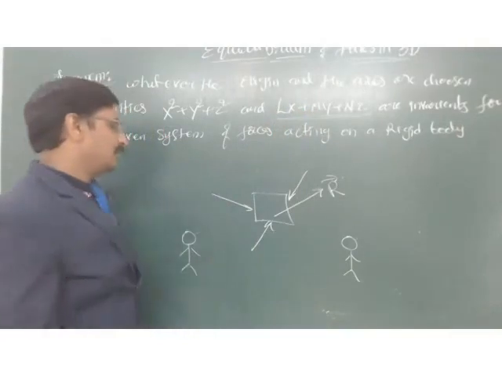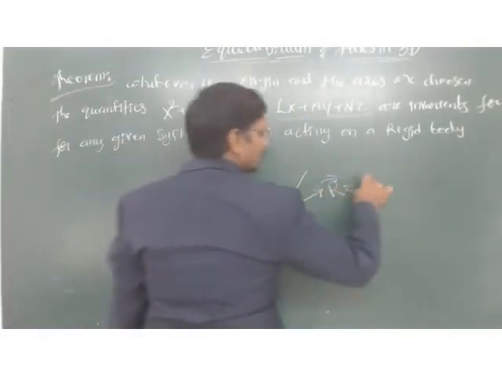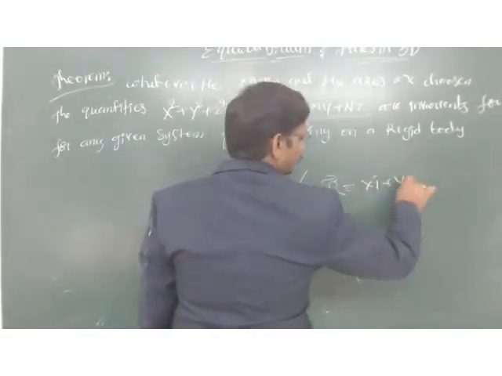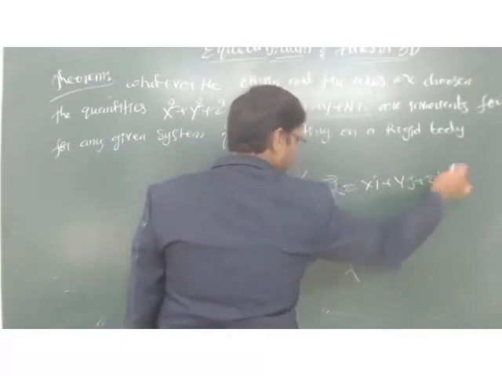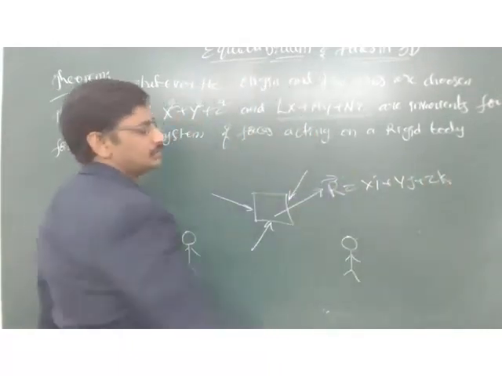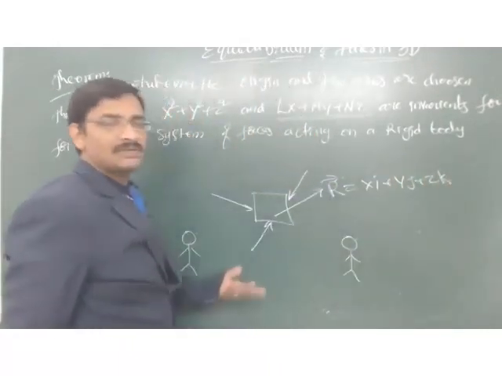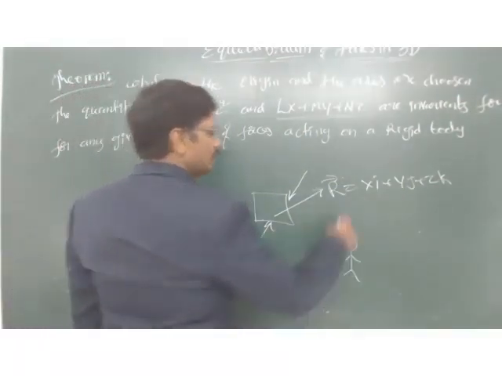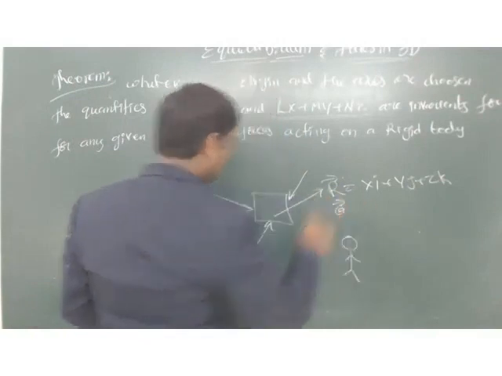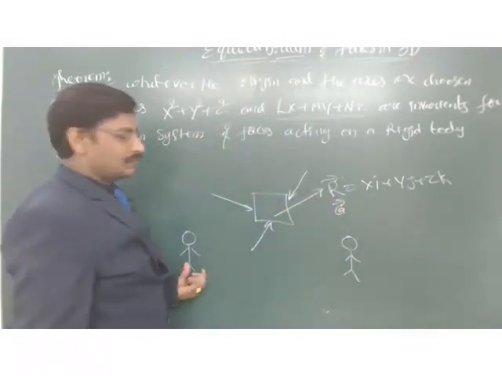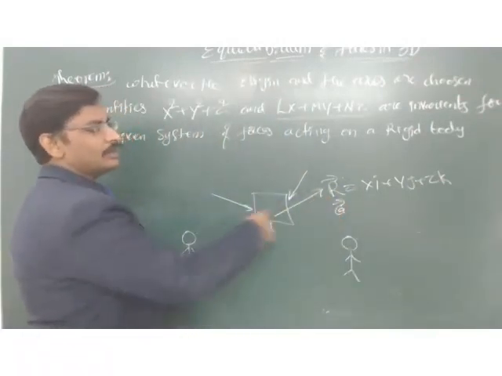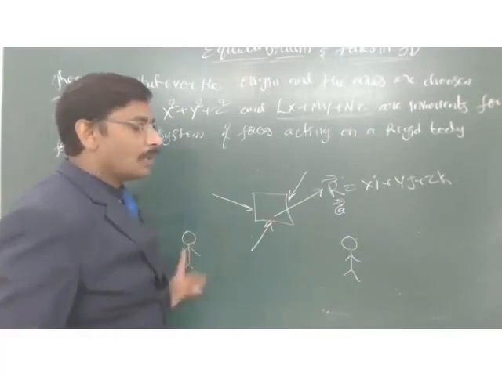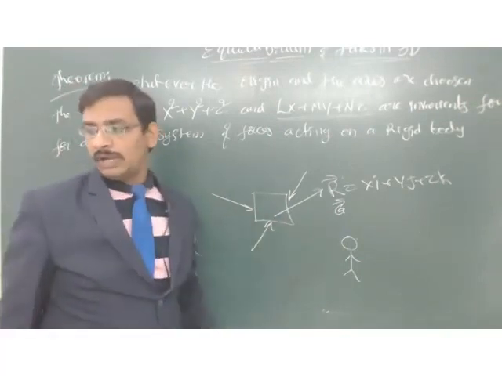Here this value is xi plus yj plus zk, and this magnitude won't change. So x square plus y square plus z square will always be a constant whether you look from here versus here. And the G value, if you look from here, then definitely there will be an associated moment, and the moment value will be different the way you look at it.